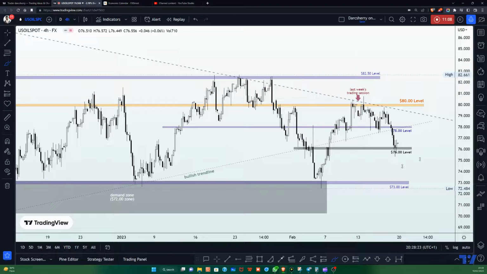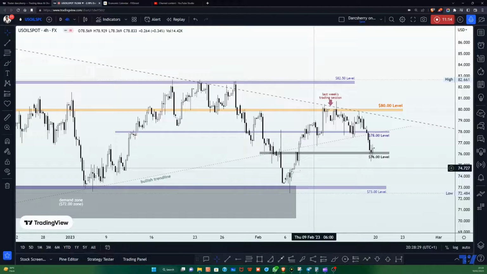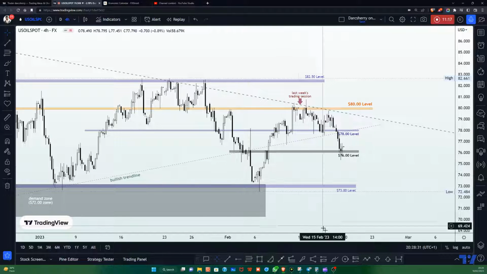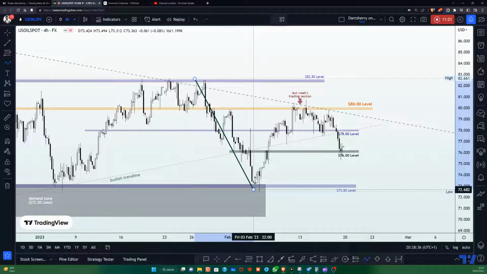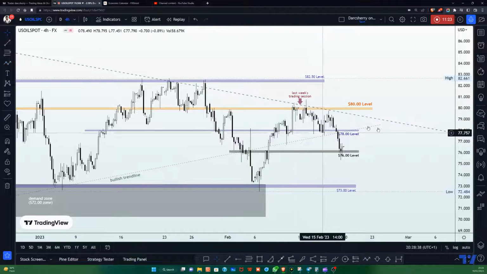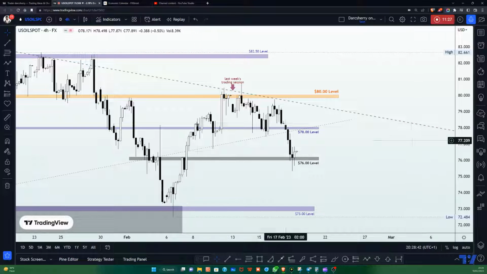Now, if we zoom into what has been happening here since the beginning of this month of February, and like I said on the daily time frame, that is taking into consideration this impulsive move to the downside and seeing this as a retracement. Look at what has happened around this below the $80 level since the 9th of February.